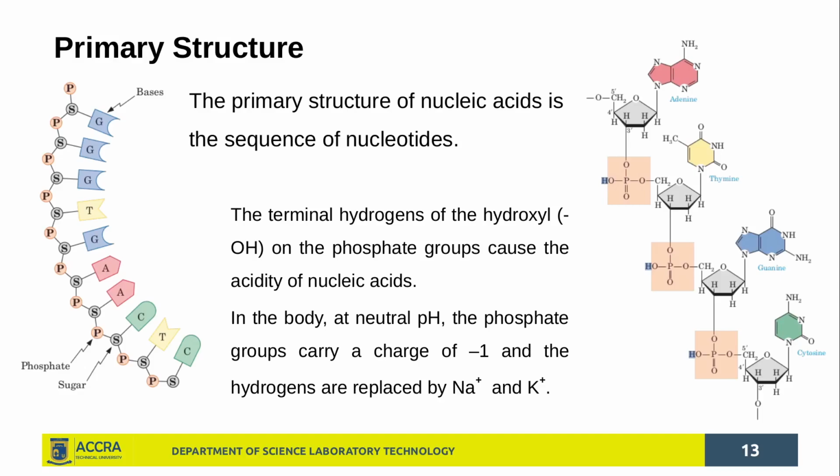Now, remember when we were doing proteins, we looked at the primary structure of proteins being the sequence of amino acids in a polypeptide chain. Now, similarly, the primary structure of nucleic acids is the sequence of nucleotides that are in a nucleic acid chain.